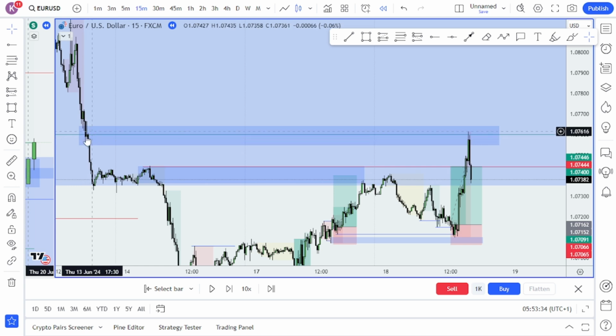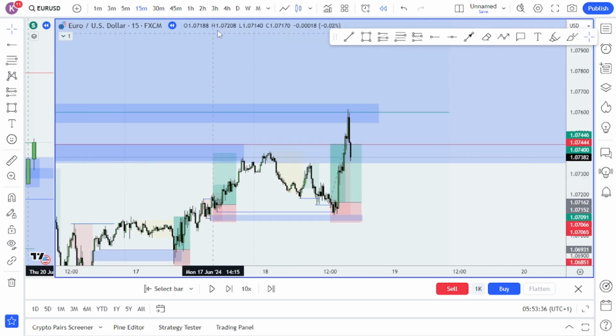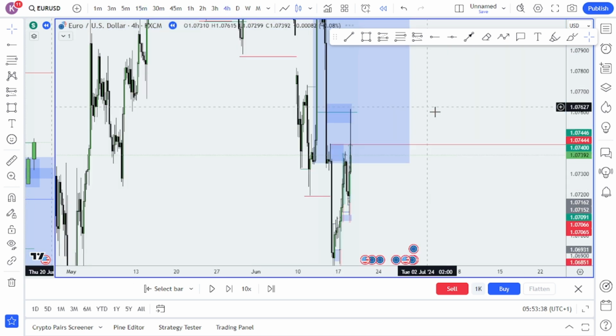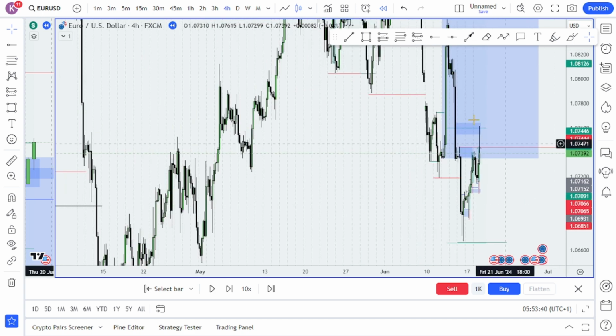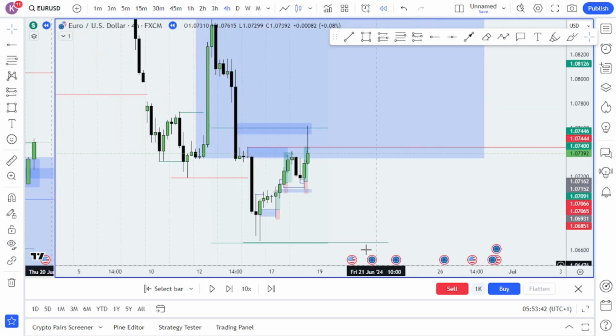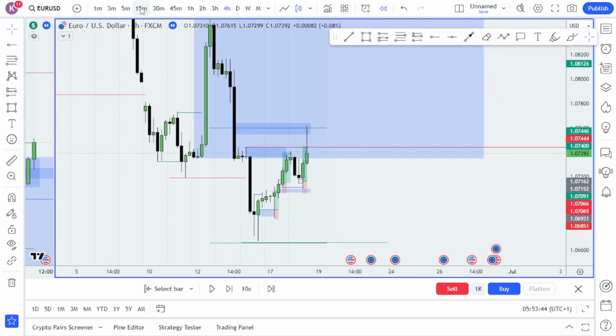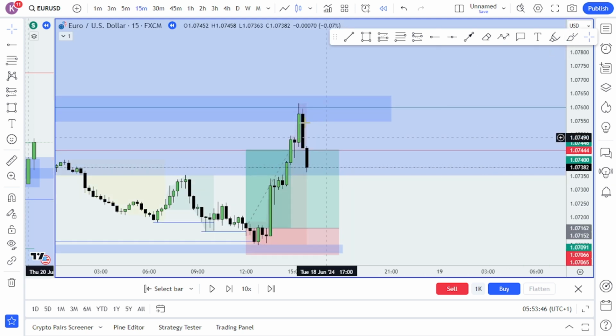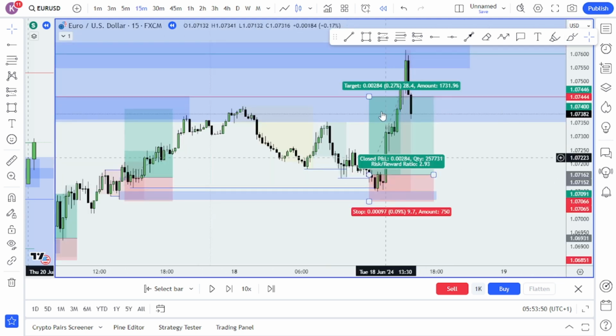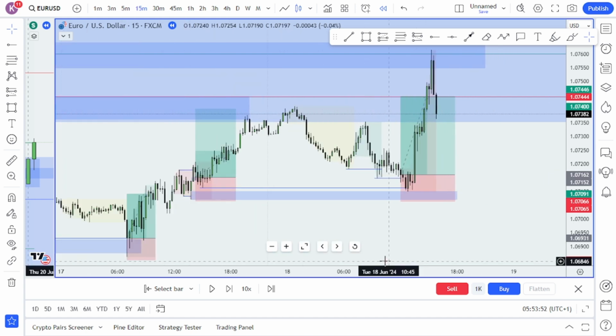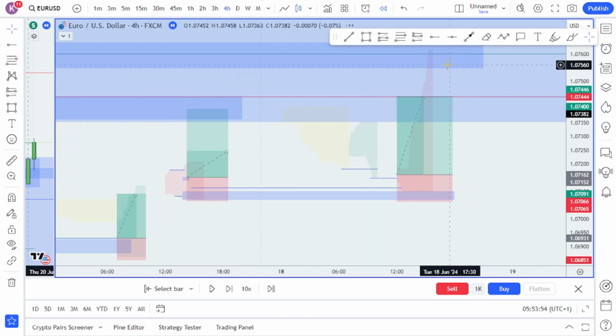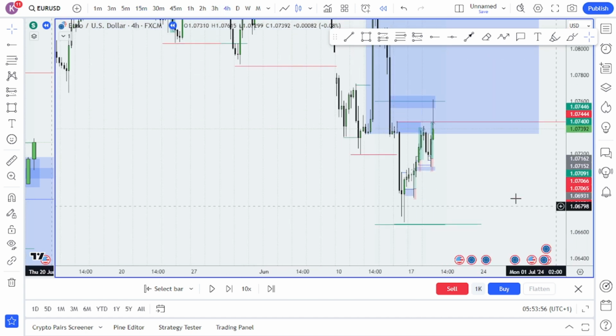So it was a good mitigation that happened on this day as price got there. This was during New York after the news. That's when that mitigation started happening, which made sense. If we were selling from that point, it made a lot of sense.